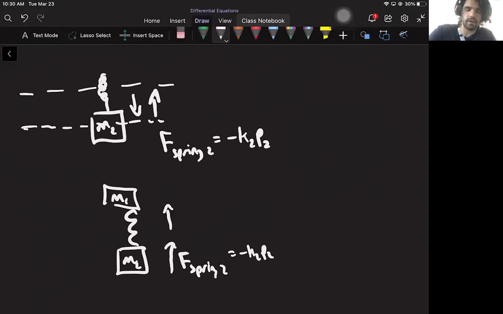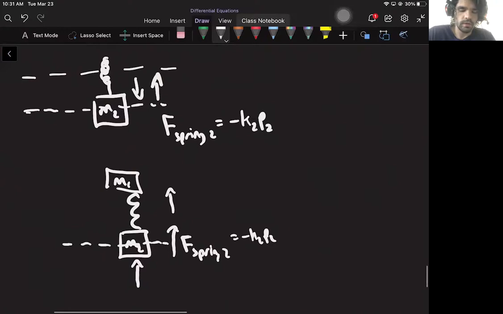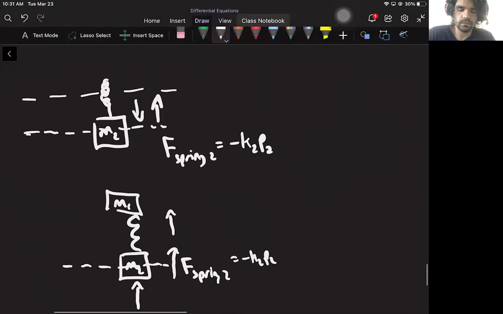I guess we could think about it as, when the restoring force is pushing up on mass 2, that means that it's pushing up on mass 1.